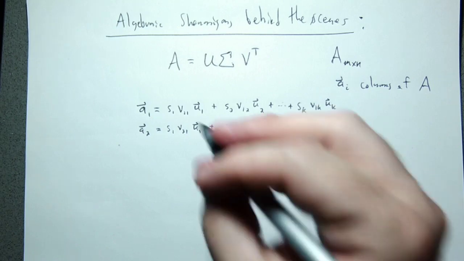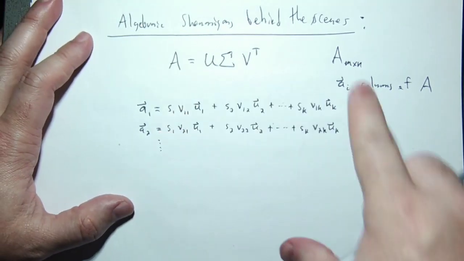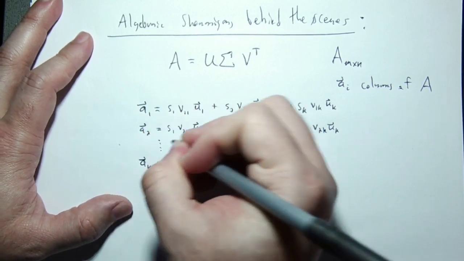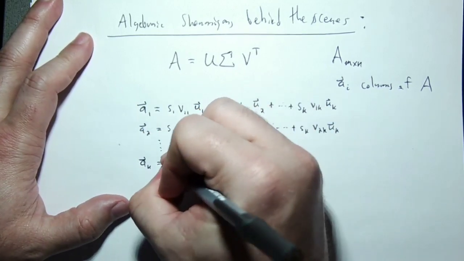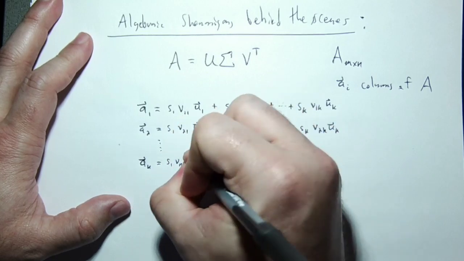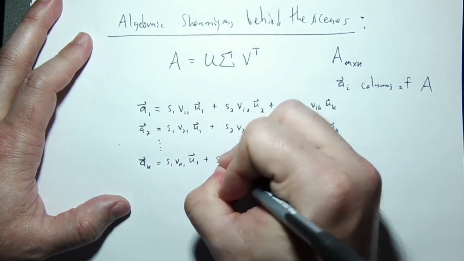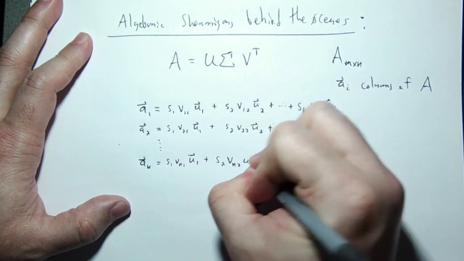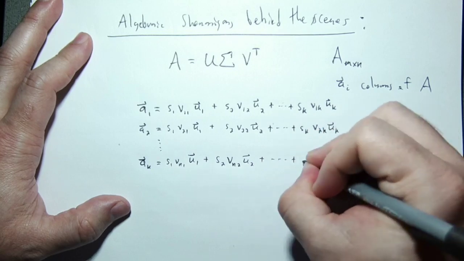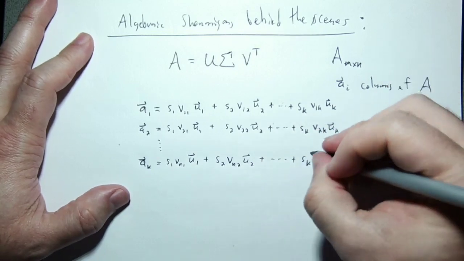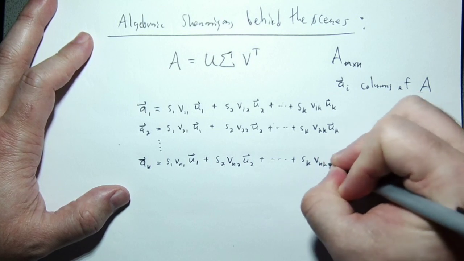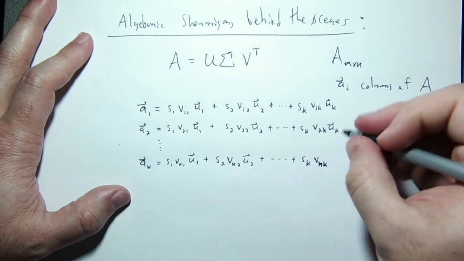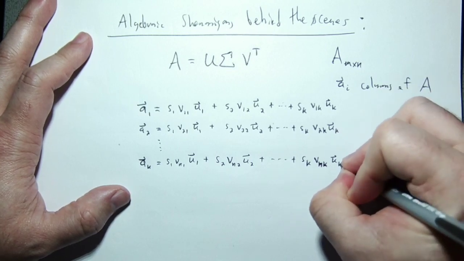Okay, and I can continue this, of course, all the way out to the nth column, since A is M by N, so it has N columns. So the nth column is again S sub 1, V sub N1, U sub 1, plus S sub 2, V sub N2, U sub 2, and so on, all the way out to S sub K, V sub NK, U sub K. That N looks too much like the K. All right.